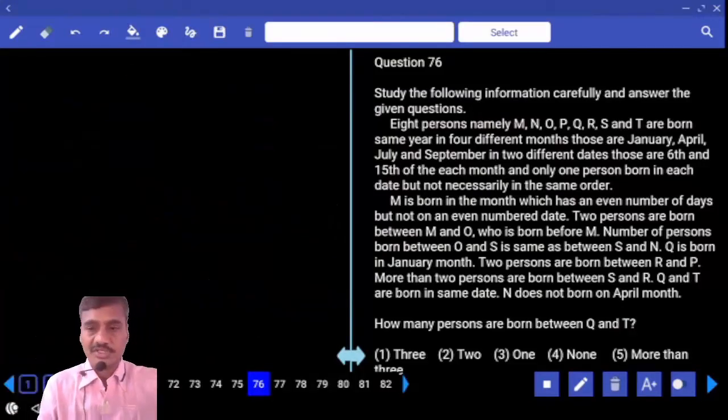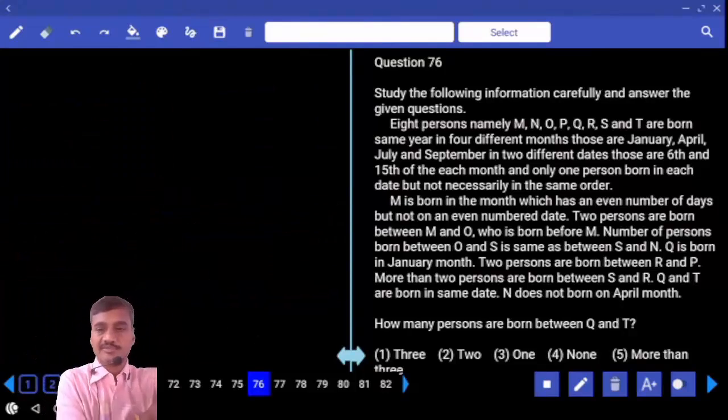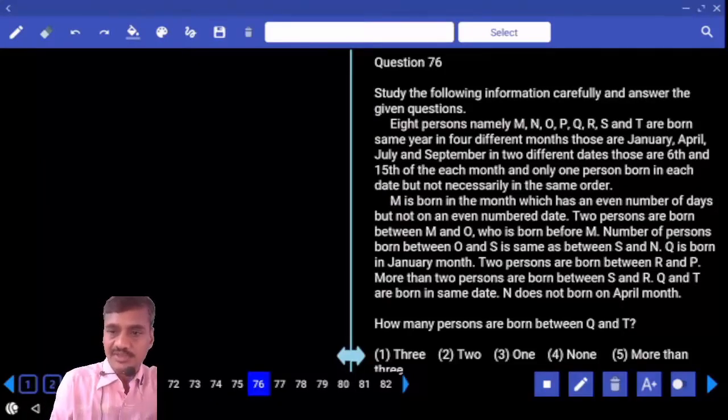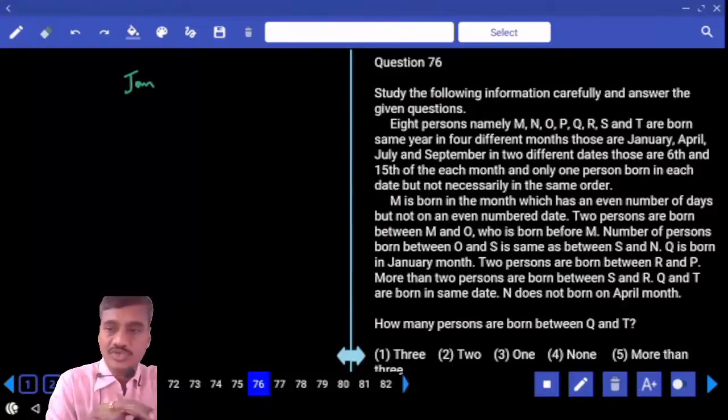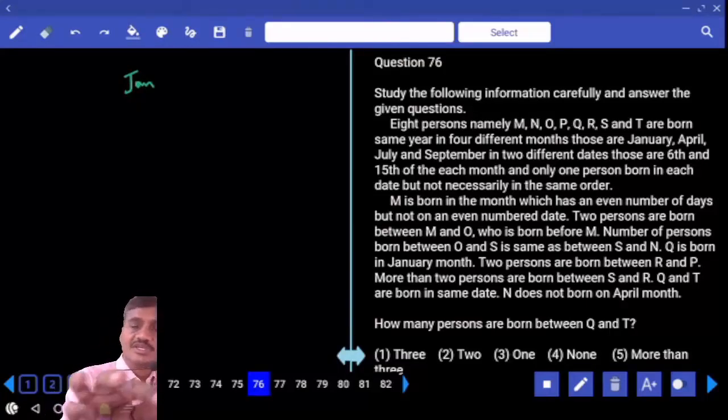Then coming to this, how many persons are there? There are 8 persons: M, N, O, P, Q, R, S and T. They are born in the same year in 4 different months. The months are January, with 2 different dates, 6 and 15: Jan 6 and Jan 15.